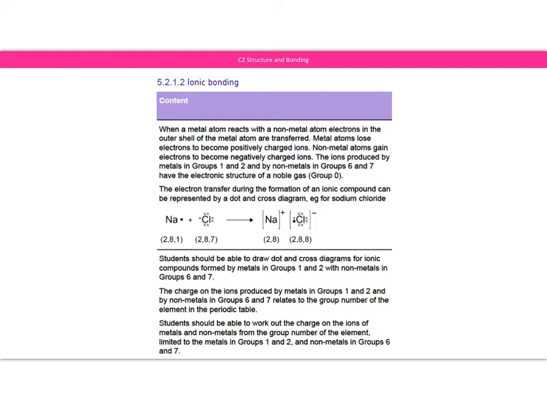That'll bring us to the end of this video. Then a subsequent video will look at the consequences of that bonding: what properties do the compounds have that have those particular types of bonding? But for the moment, we're just focusing on the bonding as bonding.